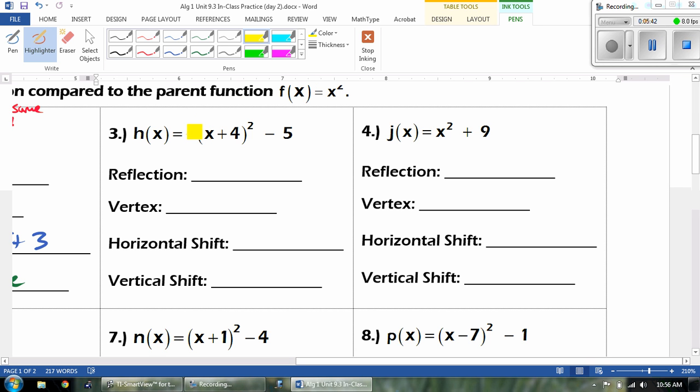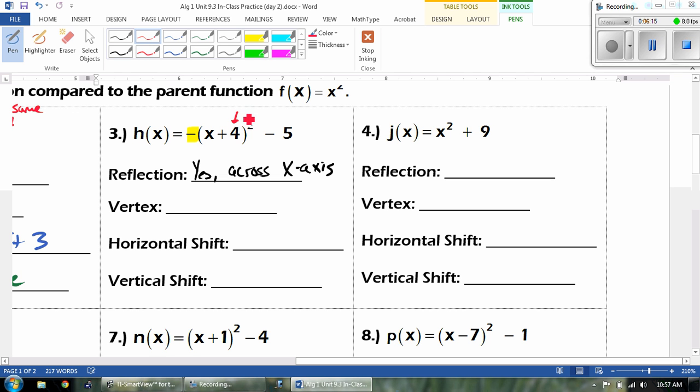All right, let's look at number 3. Is there a reflection for 3? Yeah, and it's going to be across the x-axis. Well, yes, if there's a reflection, it's always going to be across the x-axis this year, okay? Later on, when you get into Algebra 2 or Advanced Algebra 2, there's going to be some different ones, but right now that's why we're saying it's across the x-axis.